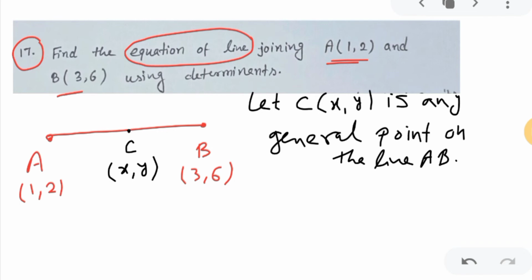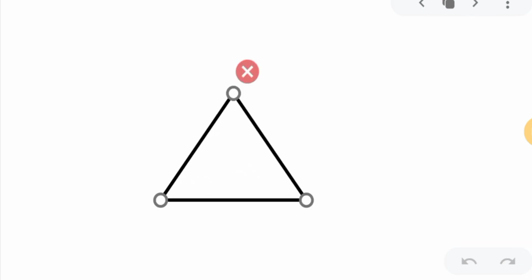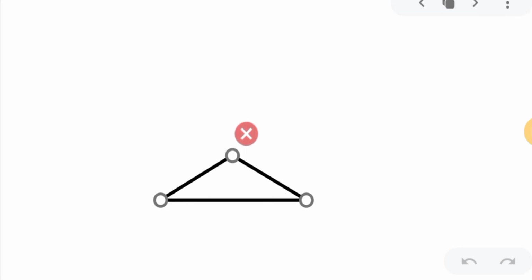So in this case, the area of triangle ABC is 0. I will explain again how. Suppose these 3 points are A, B, C. If these 3 points form a triangle, now it is a triangle.